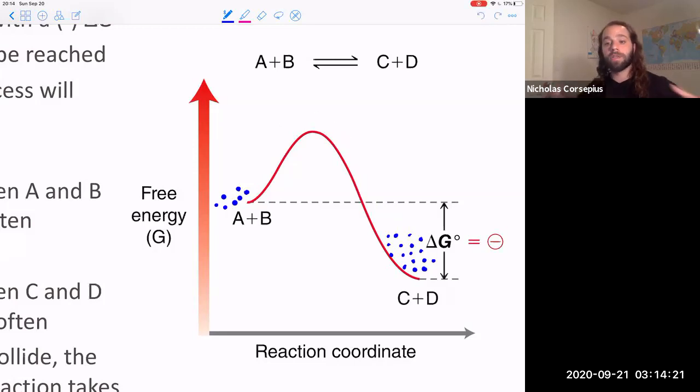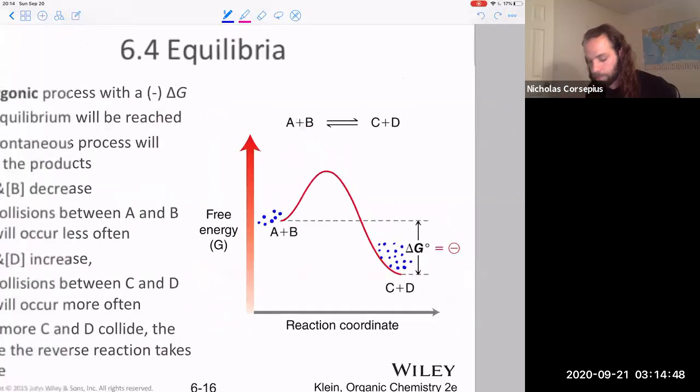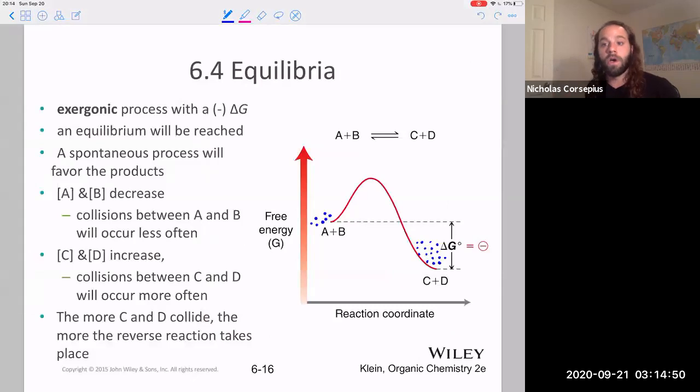Eventually, I'm going to establish an equilibrium where the concentration of A and B don't change, and the concentration of C and D don't change. This could be a dynamic equilibrium where in fact they are switching sides. They're just doing so in such a way that for every time I lose some A and B, I'm also losing some C and D. So they've come to this equilibrium where the overall concentrations of A and B aren't going to change. So that's what an equilibrium is, once you've waited long enough to reach this steady state concentration, okay?